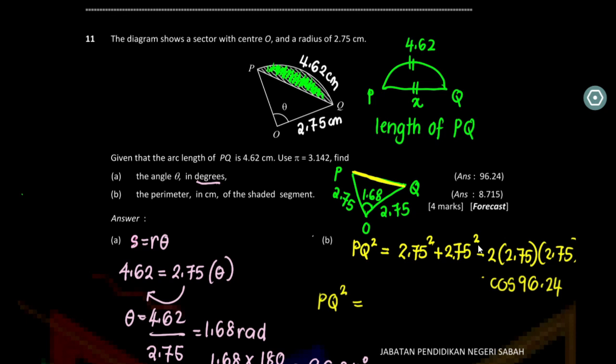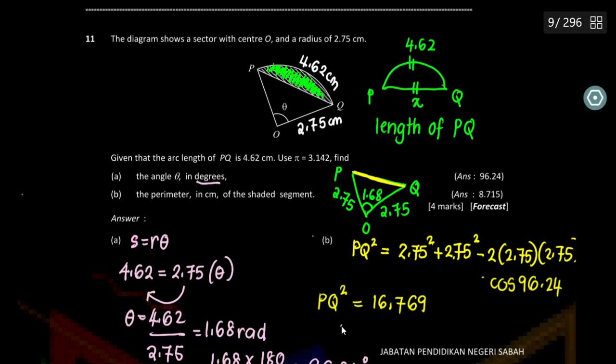Let me key in first, 2.75 square plus 2.75 square minus, try to key in also in your calculator whether you are getting the same answer, because sometimes when you key in your calculator, students tend to get different and weird answers. Alright, so we get here 16.769.